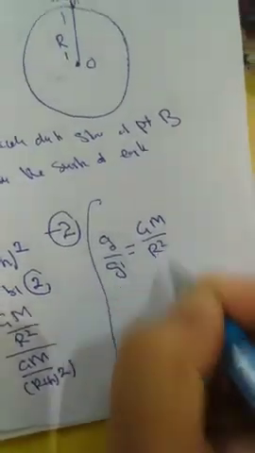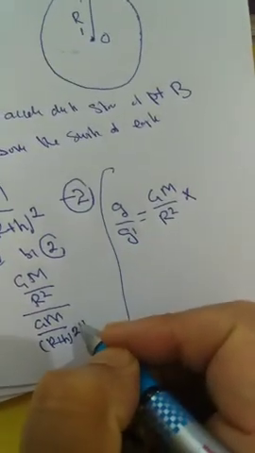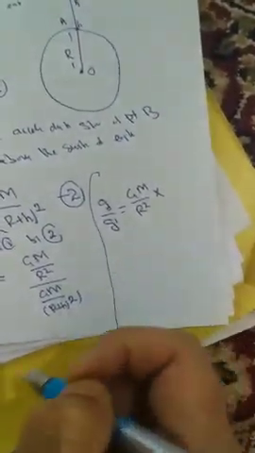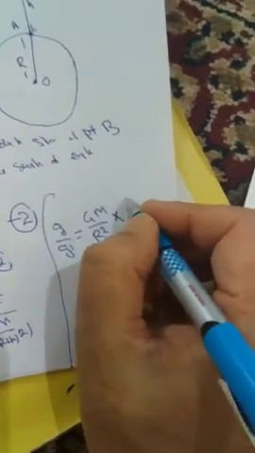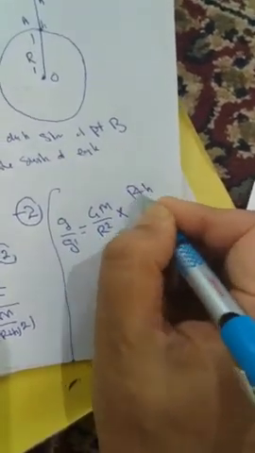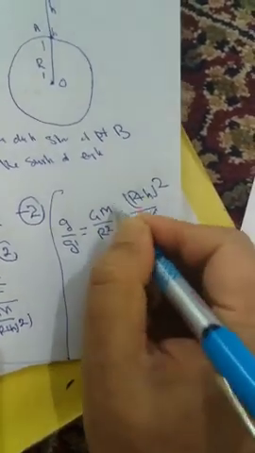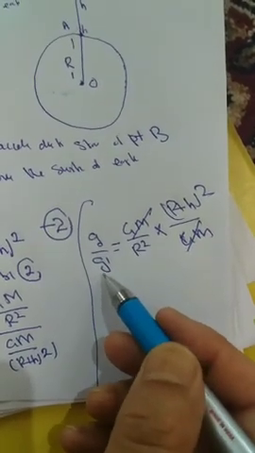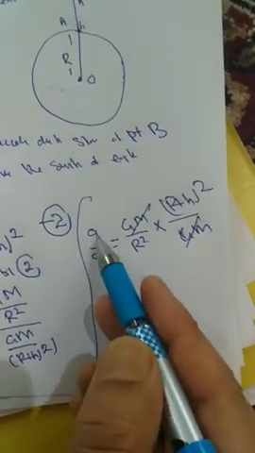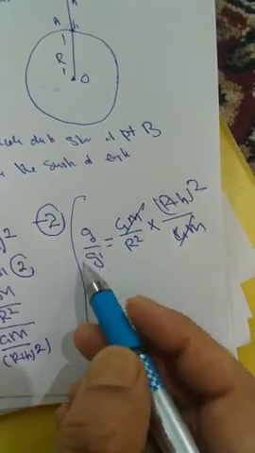Ultimately, when we solve it, we get g divided by g dash is equal to GM divided by r square, divided by GM over r plus h whole square. GM cancels, or if I transpose g dash here, the numerator becomes denominator and the denominator becomes numerator.